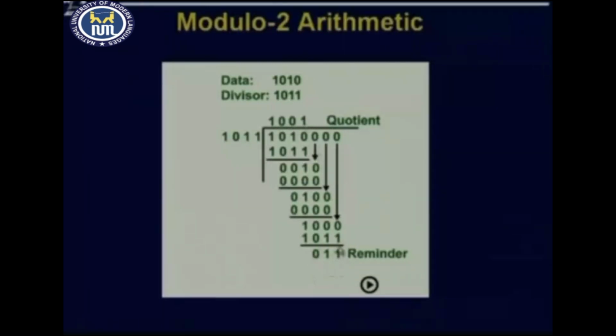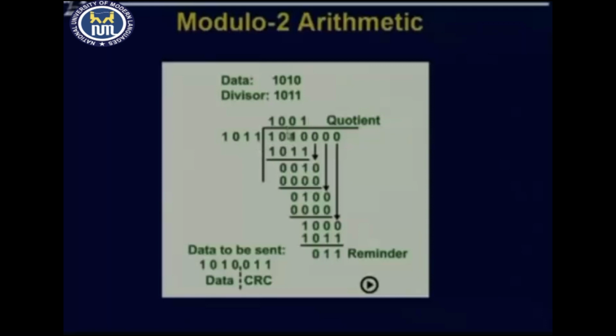The remainder has to be 3 bits, and this remainder is basically the CRC, which is appended to the data and sent to the receiver. So you see, we saw the division in modulo 2. At the end of the division we got the remainder, and it is appended to the data.